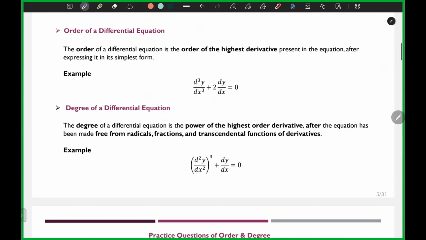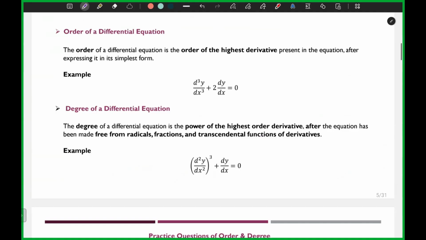So what is order and what is degree? Order is the highest derivative present in any ordinary differential equation. Okay, so here, what is the degree? Anyone? Degree is 3, I think.